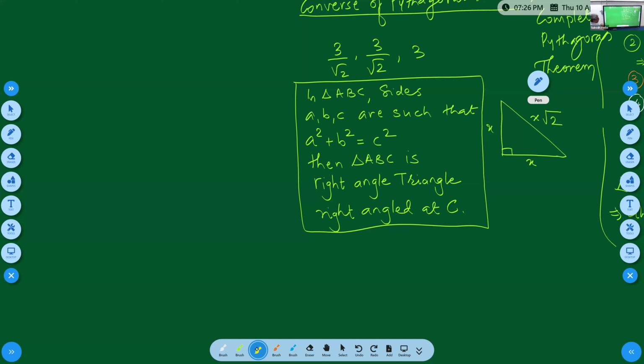Now we know it is going to be a right angle triangle. Intuitively, it is very easy to understand that if the sides are behaving like A square plus B square is equal to C square, then the triangle must be right angle triangle. Intuitively correct, but they don't accept intuition, they want proof. So how do we go about it? Let us write the proof.